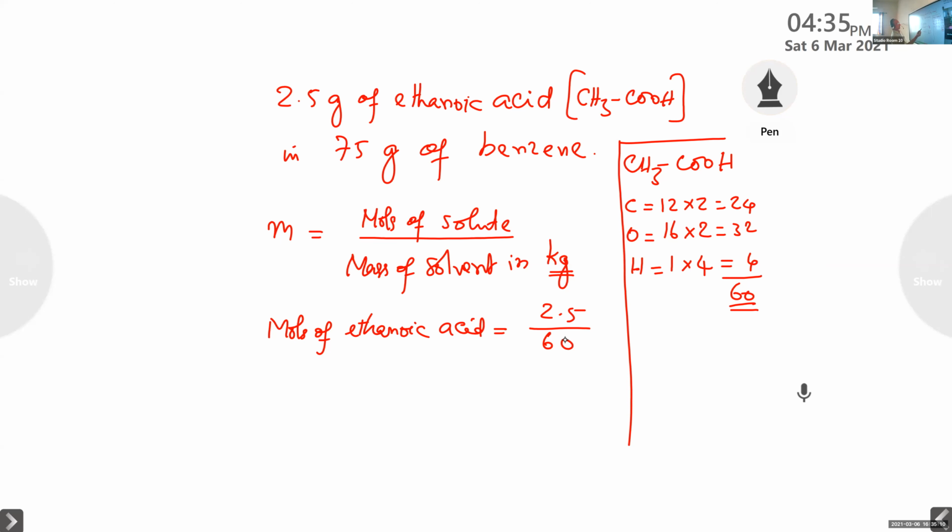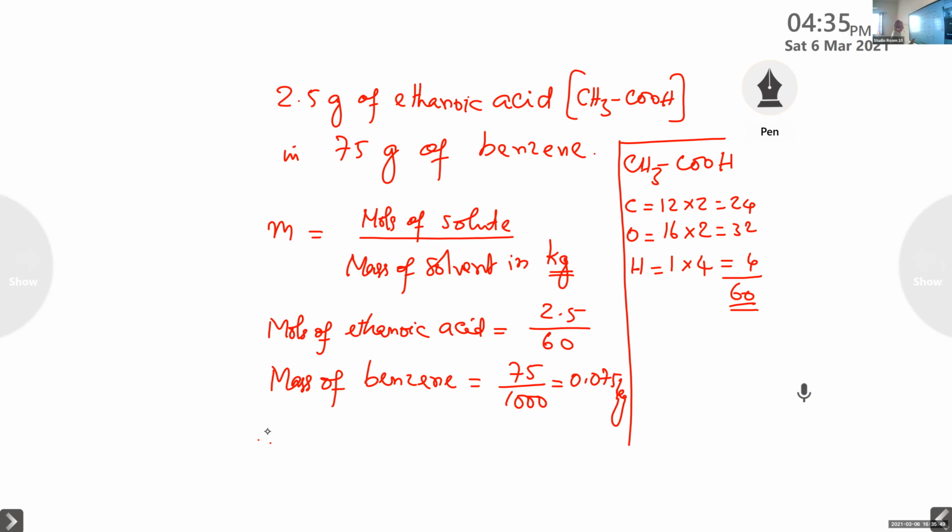Then the mass of solvent in kilogram, but here the mass is given in gram. So the mass of benzene, the solvent, is given in gram, so convert that into kilogram by dividing by 1000: 0.075 kilogram. That is the mass of the solvent.